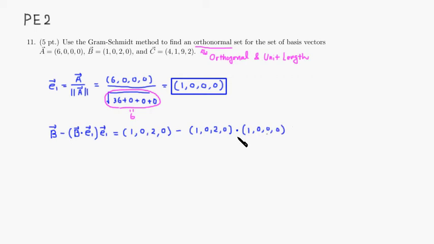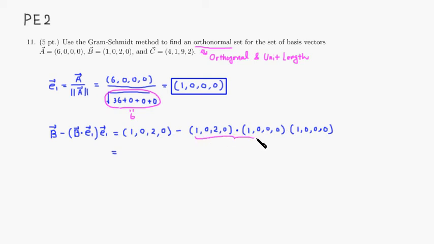That gives a constant, which is just 1, because it's 1 times 1, plus 0 times 0, plus 2 times 0, plus 0 times 0. Then we multiply by 1, 0, 0, 0.